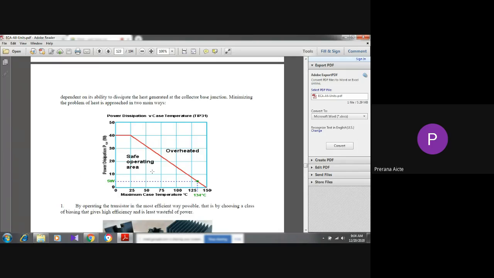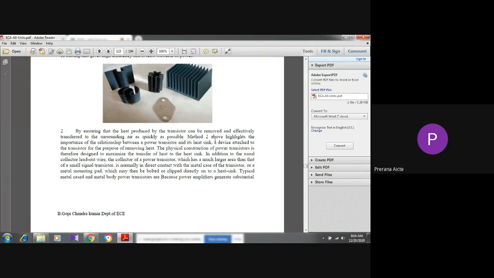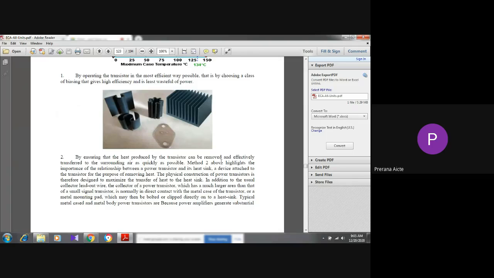This is the graph, and these are some power transistors, I mean, sorry, heat sinks. This is a heat sink, used with a class unit by ensuring that heat produced by the transistor can be removed by transfer to the surroundings. A heat sink is a device attached to the transistor for the purpose of removing heat.